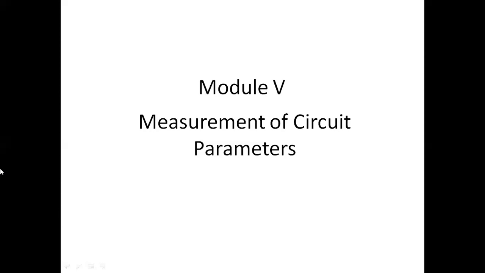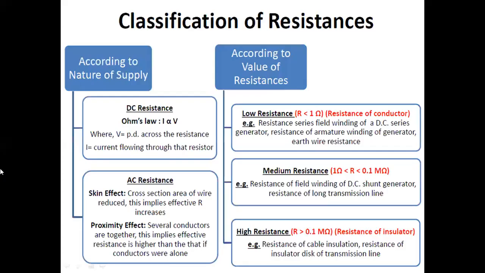Now we have to measure the various values of resistance, capacitance and inductance. Okay, so before going to the next topic, first of all, try to understand what is resistance.